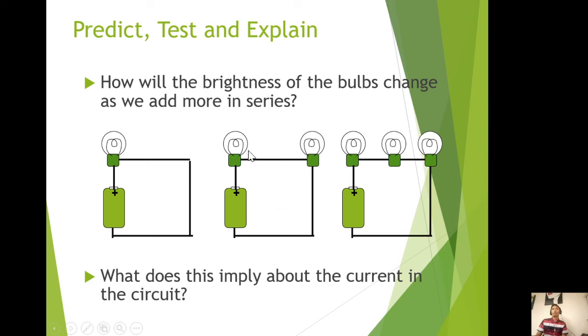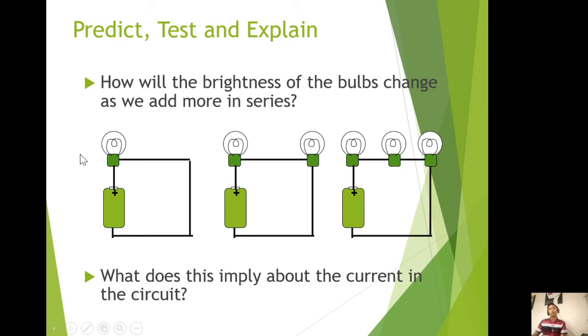So what does this imply about the current in the circuit? It is equally distributed, as is the voltage. At the same time, the current is the same all throughout the circuit.